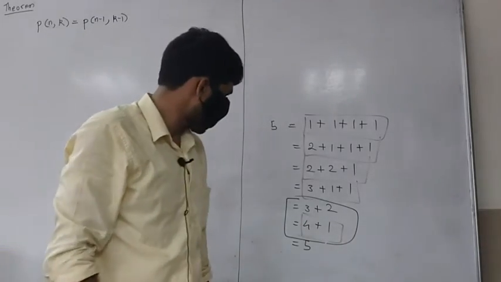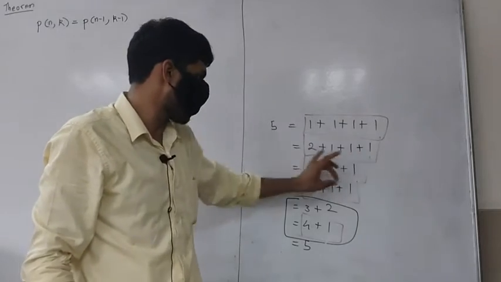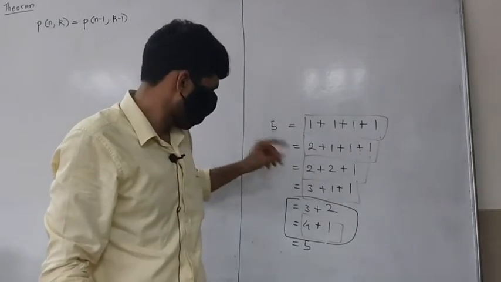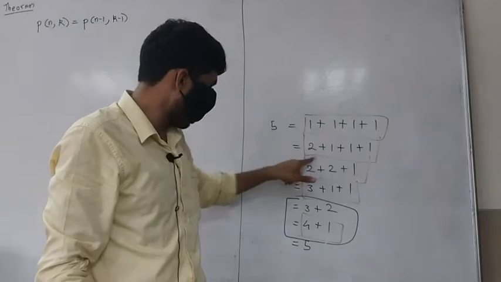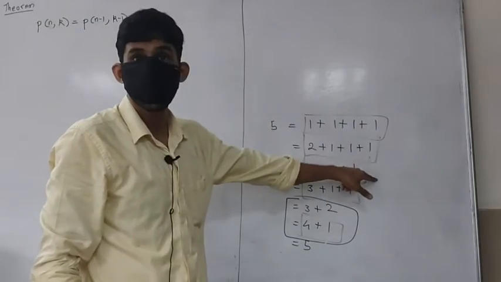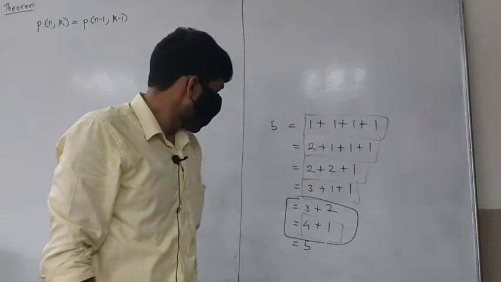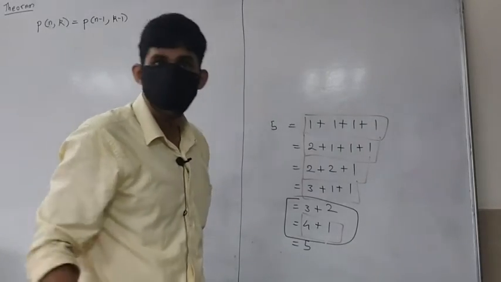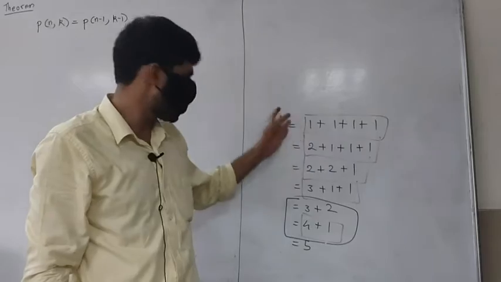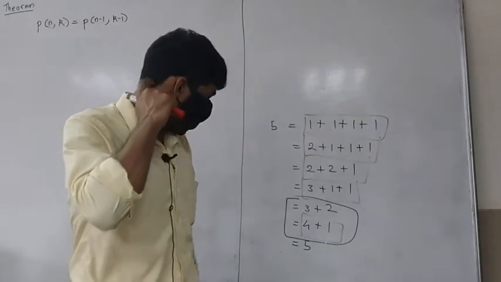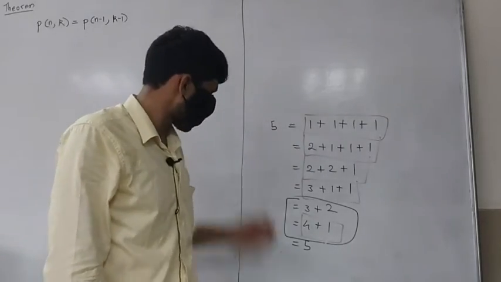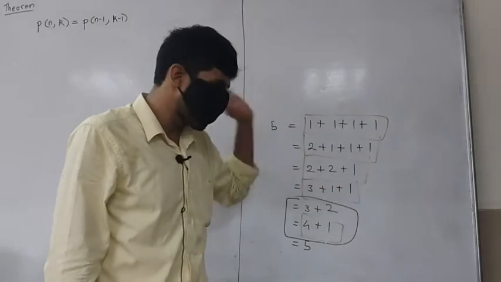There's another one here. For partitions of 5 into 3 parts, there's just this one. Here you end with 1. Not ending with 1 is not even possible.